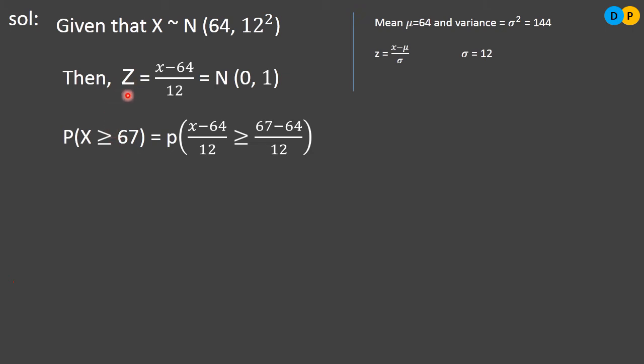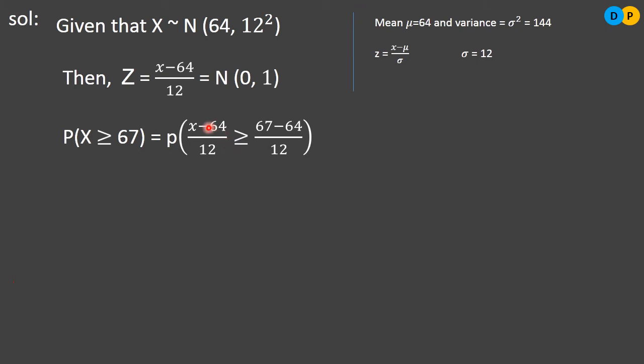That's why we have converted it into a standard normal distribution. So now the probability of x greater than or equal to 67 can be written as the probability of z, where z is equal to x minus 64 by 12. Here 64 is the mean and 12 is the standard deviation.